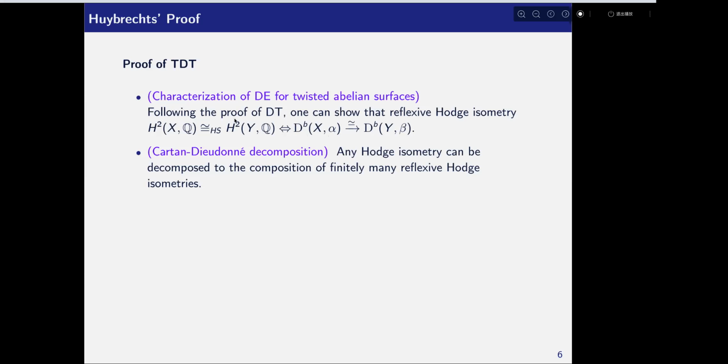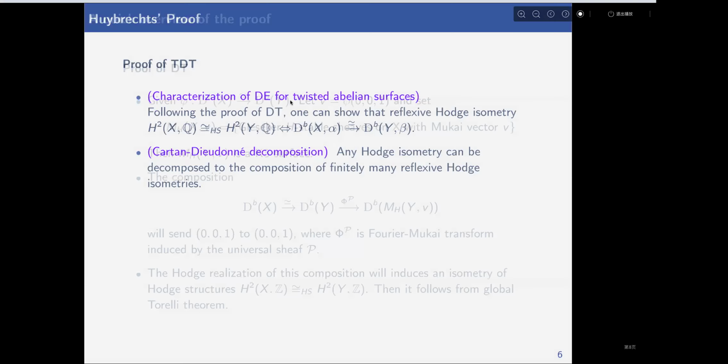Later we'll see the details of this proof, but the idea is similar. Instead of constructing a moduli space of sheaves, you construct a moduli space of twisted sheaves, and show that Y is isomorphic to the moduli space of twisted sheaves on X. So everything is very similar to the previous one.